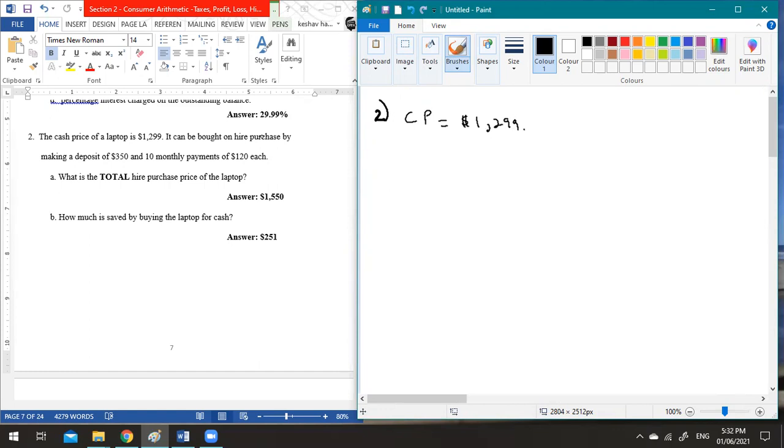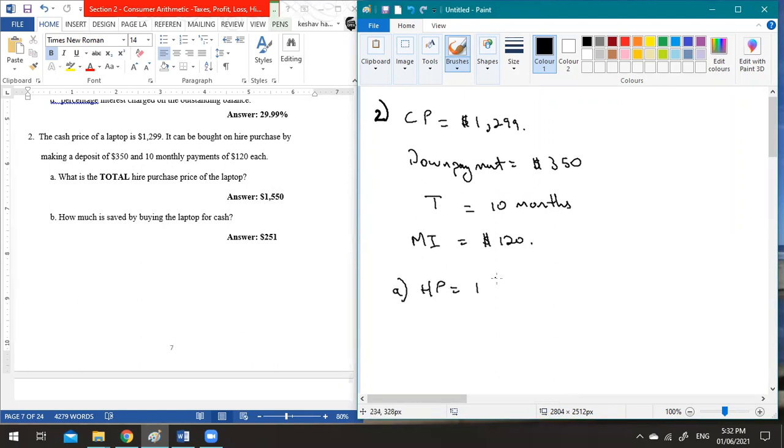It can be bought on hire purchase by making a deposit, so your down payment is $350. And the time is 10 months. So this is the information that's given in the question. And the monthly installments is $120 per month. So they ask us to find the hire purchase price.